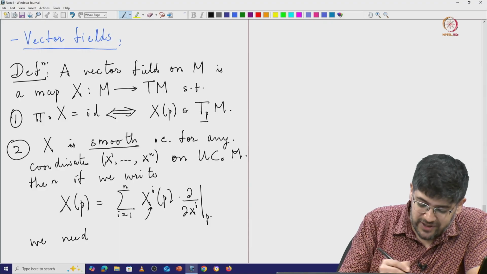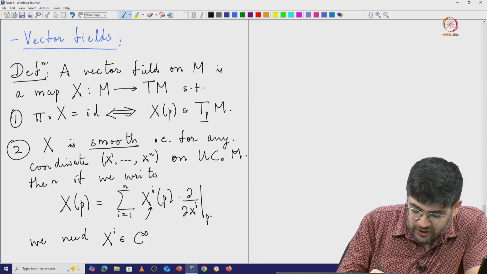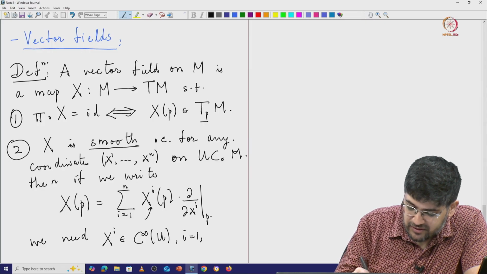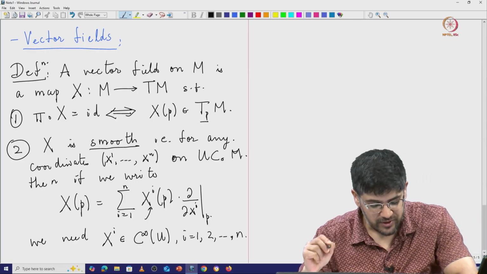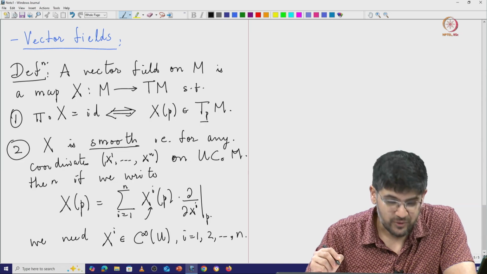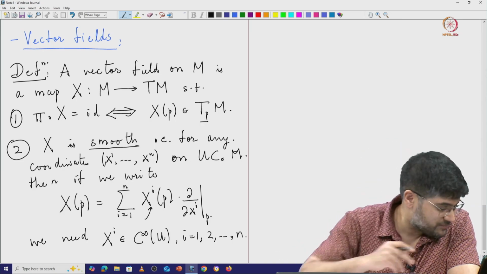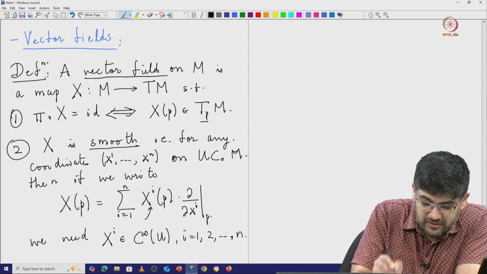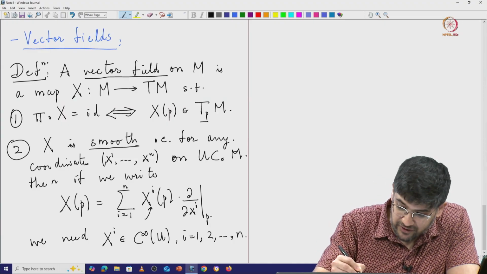So then smoothness basically means that we need each of these xi's to represent smooth functions on this coordinate neighborhood U. Okay, so that is what we mean when we say that a vector field is smooth. Okay, so this is the definition of a vector field.